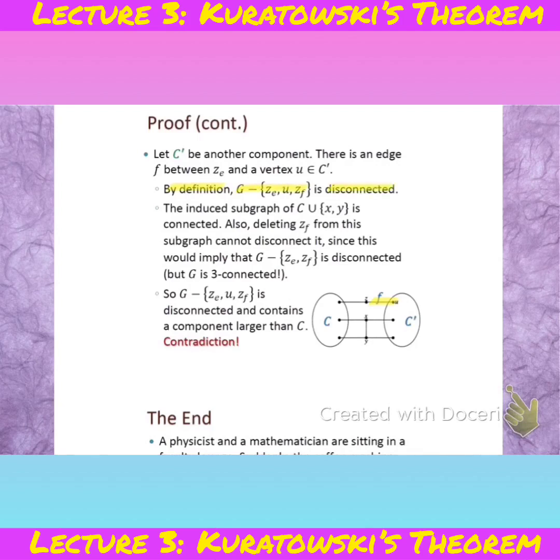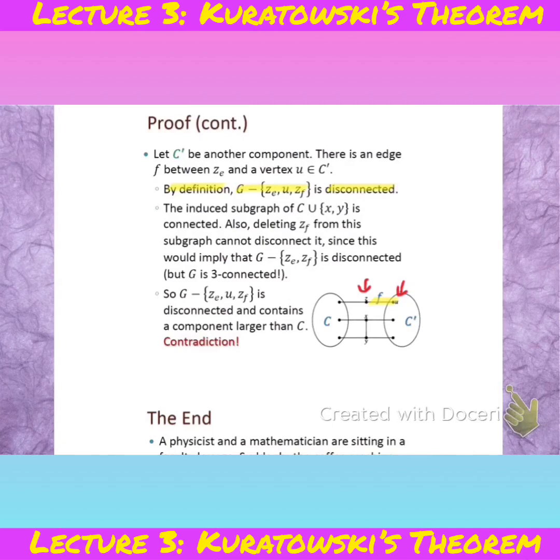Now, what is that graph? It's a graph that I get by deleting this vertex here, okay, deleting the vertex U, right, and deleting Z subscript F.